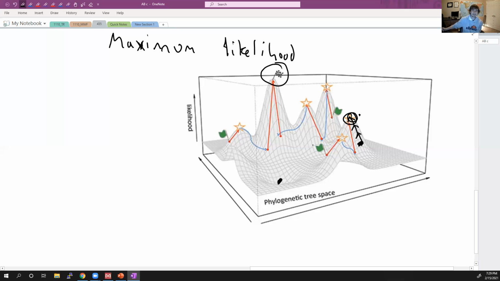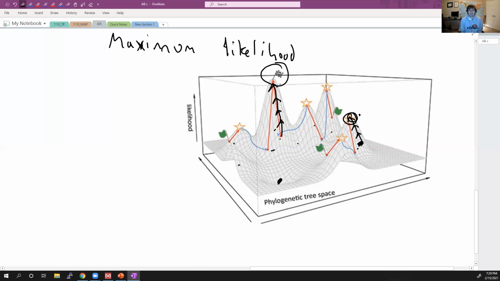And so maximum likelihood algorithms will jump around, sample trees in all this space kind of randomly, and then ask, if I change neighbors, does that tree get better or worse? If it gets better, keep climbing that hill. Change the neighbors again, see if we can get that tree better. If it gets better, keep doing it until we get to the optimum.